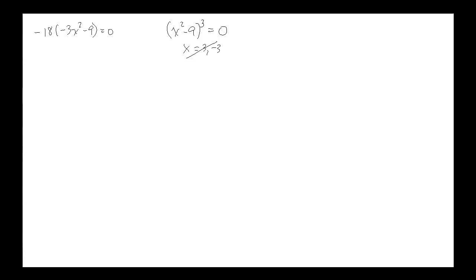So that leaves this left side here where the numerator is 0. Well, negative 18 can't be equal to 0, so that would leave negative 3x squared minus 9 equal to 0, which would mean negative 3x squared is equal to positive 9, or in other words, x squared is equal to negative 3, and that is not possible in the real numbers.